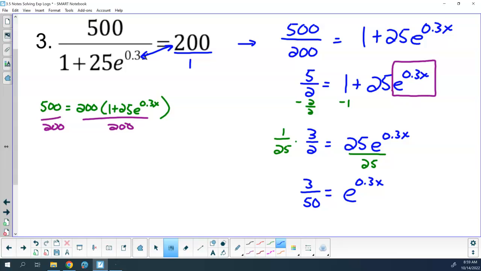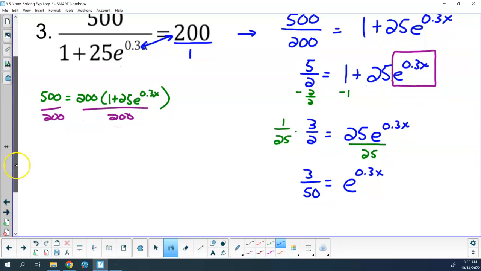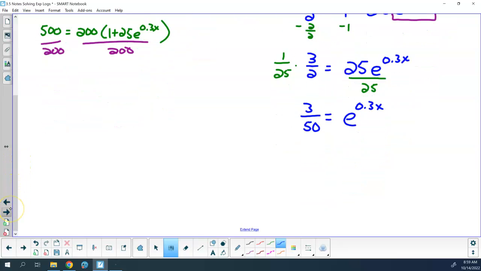Now I've got my purple box isolated, right? So now I can switch forms with it. We're in exponential form, so I need to go log base e. What's log base e? Natural log.